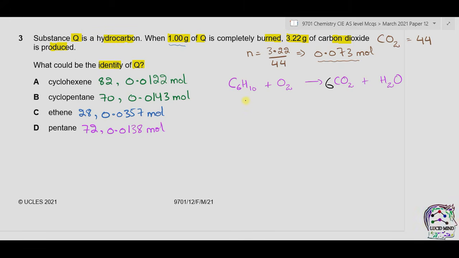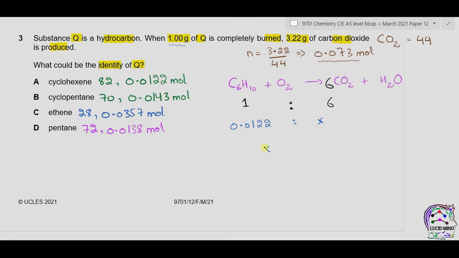So we can say that 1 mole of this hydrocarbon produces 6 moles of carbon dioxide according to the balanced chemical equation. So 0.0122 moles of this hydrocarbon will give X moles of CO2. Let's cross multiply and find the value of X. If X is equal to this much, then this would be the correct answer.